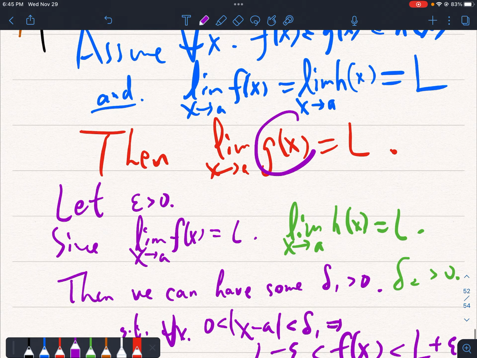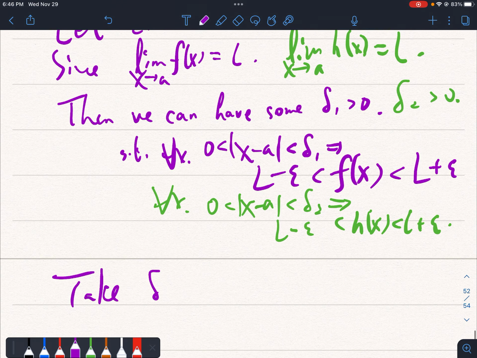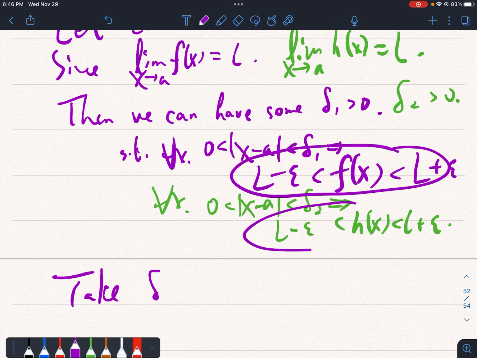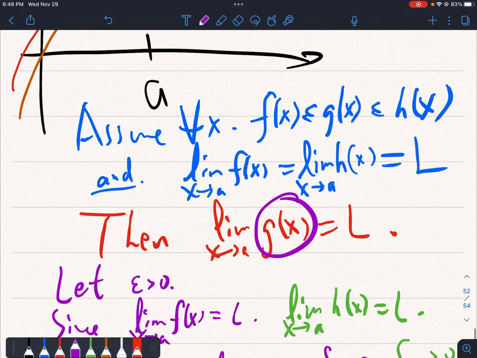And now we want to find some delta for this g of x. Okay? So what is this delta? We want this delta to be very small, such that we have both conditions of f and h. So should we choose the smaller one or the bigger one?